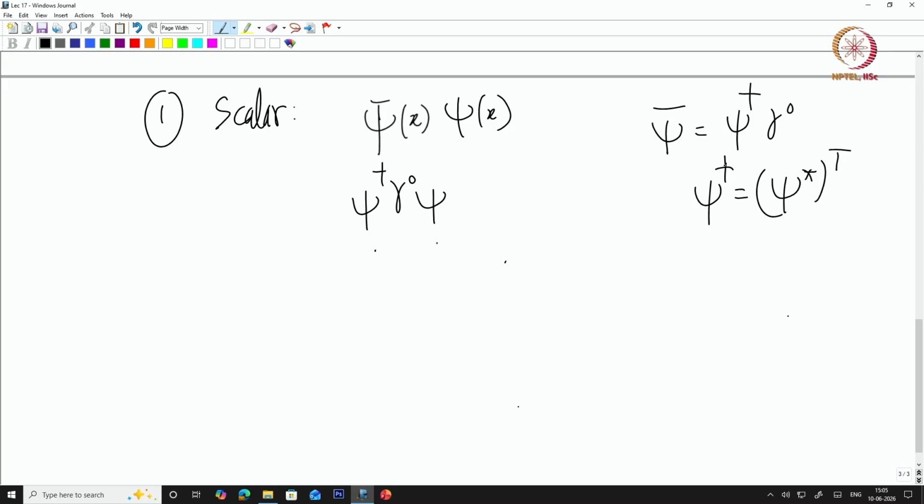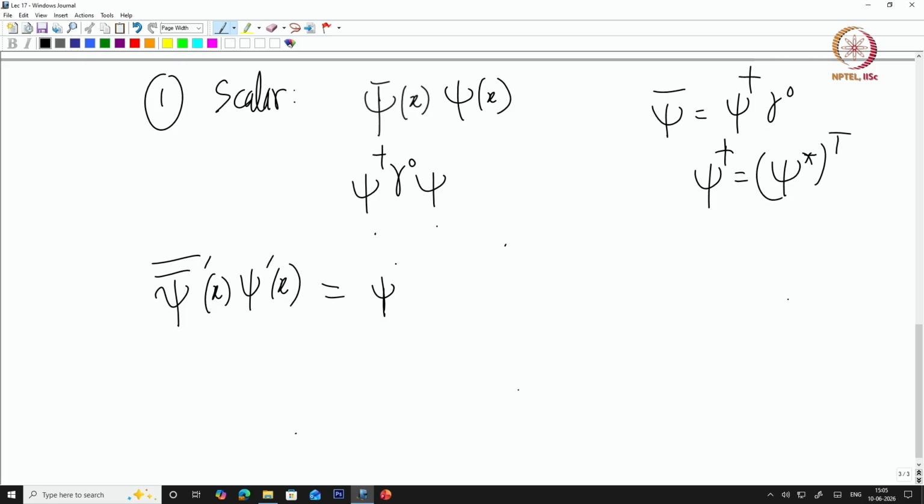Now the question is, how does it transform? So psi bar prime of x times psi prime of x, you can show that this is equivalent to psi dagger of lambda inverse of x, gamma 0, psi of lambda inverse of x.